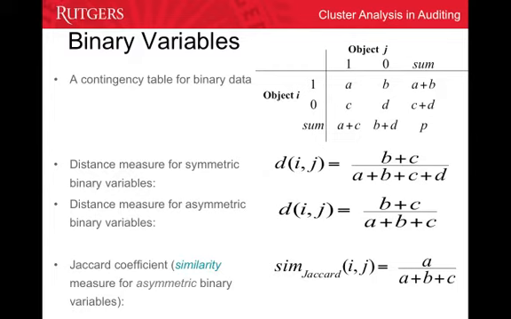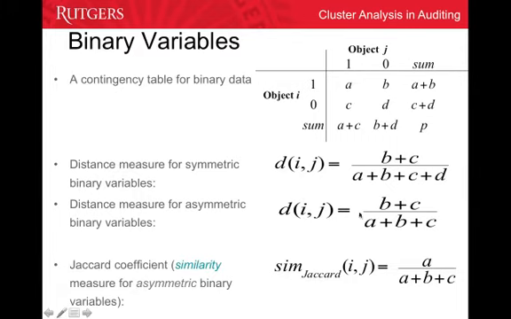So in this case, we don't care about d, because it is 0 in both objects i and j, and the value 0 is not as important as the value 1. Okay. So this is the math.